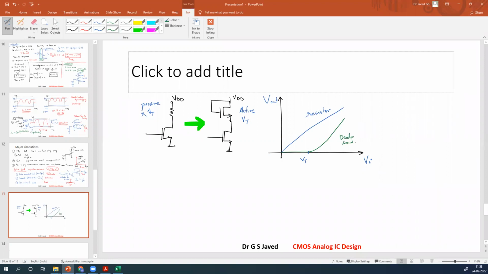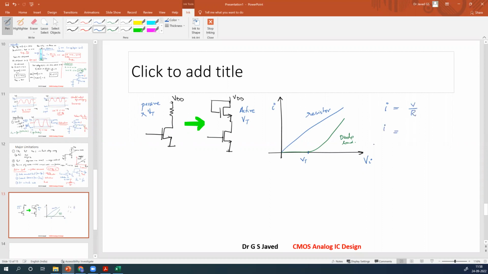So what is the definition that you will see here? Oh, apologies. This is not V out. This is current. The current will shoot up. Okay. So how is the current looking for a resistor? Current is always V by R for a resistor.